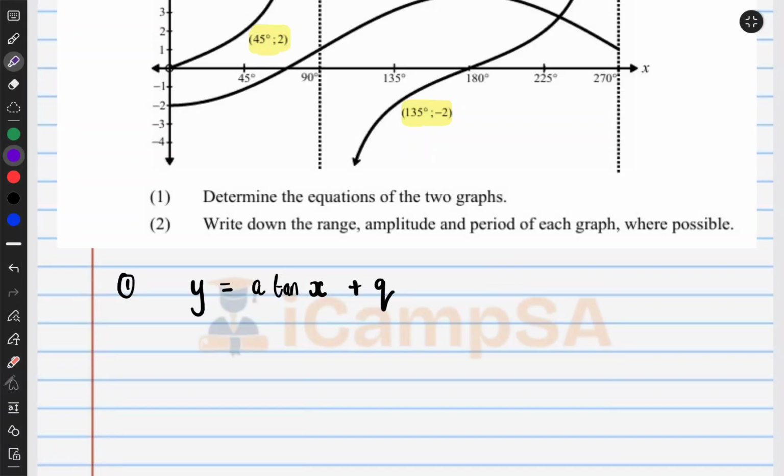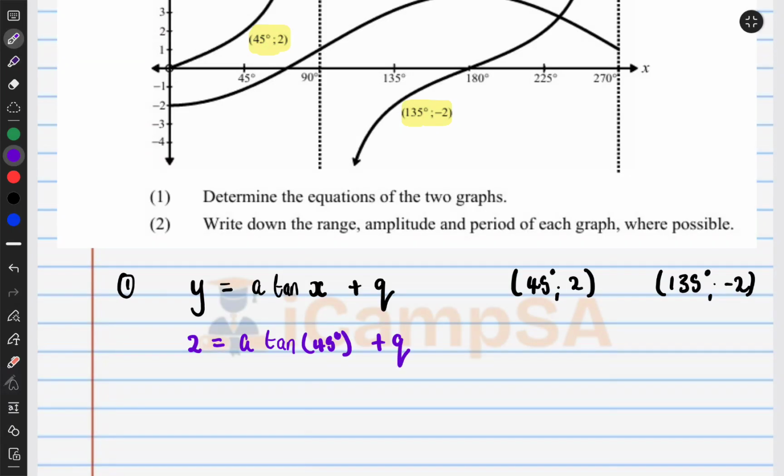Let me write down the coordinates that we have: 45 degrees and 2, and the other one is 135 degrees and -2. Okay, let's substitute the coordinate. We're going to have 2 is equal to a into tan 45 degrees plus q.